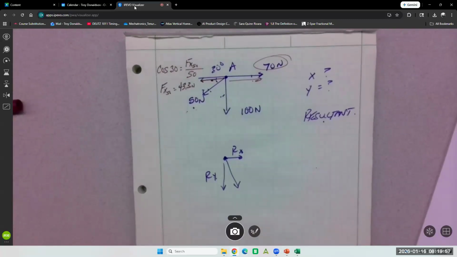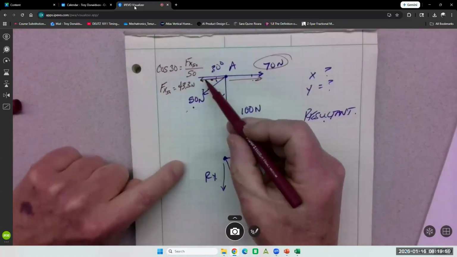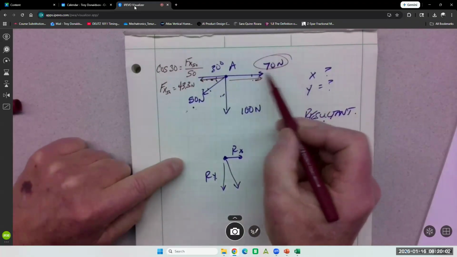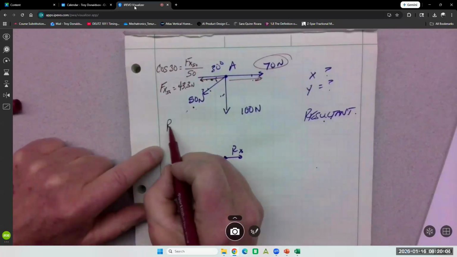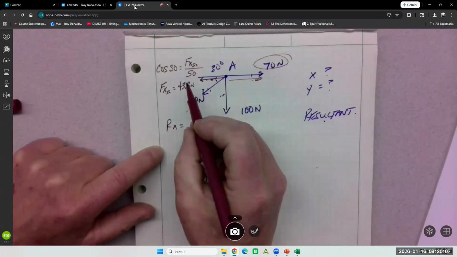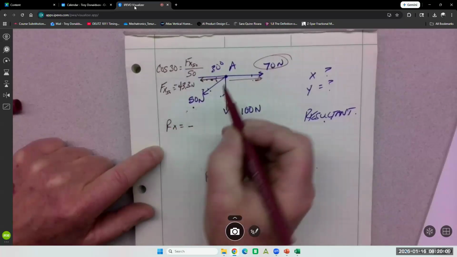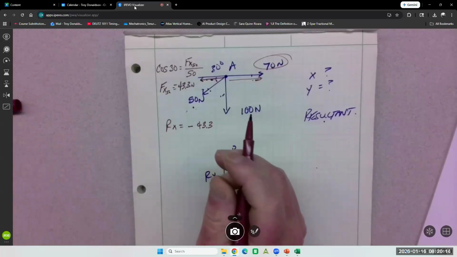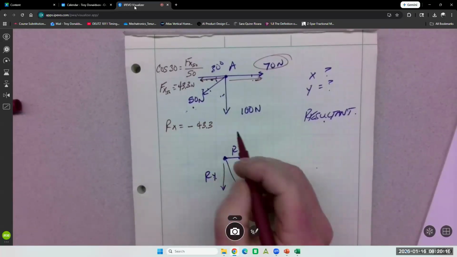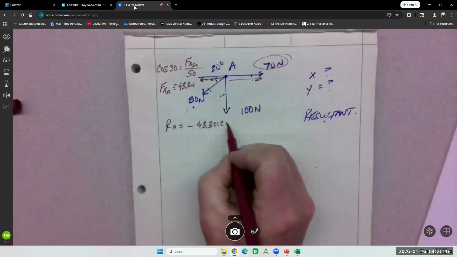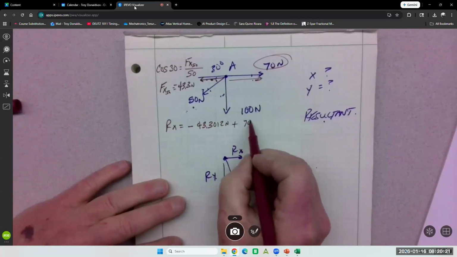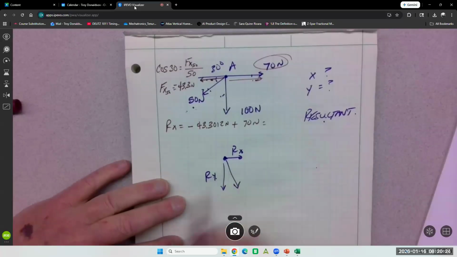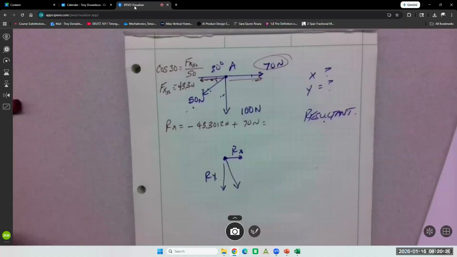Okay, so there's only two of them. We calculated this one. This one we don't need to calculate. It's all in the x. So my Rx is going to be negative 43.3012, because it's pointing left, and then a plus 70 equals 26.6987.